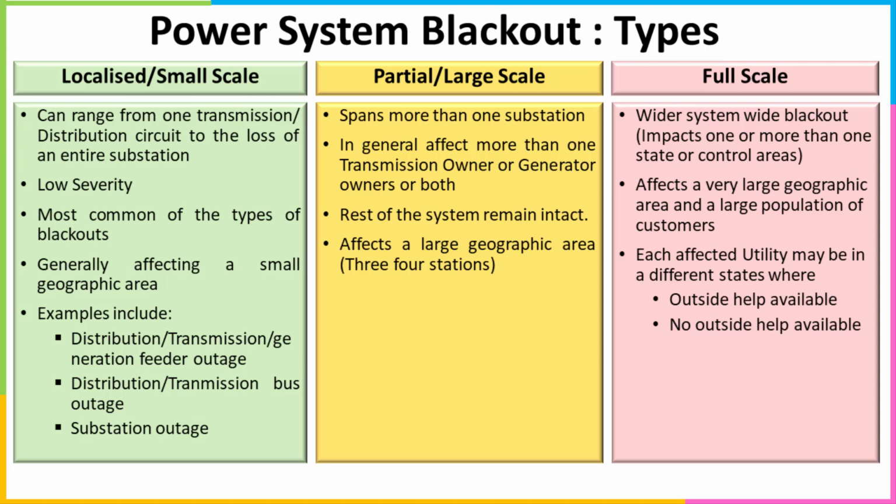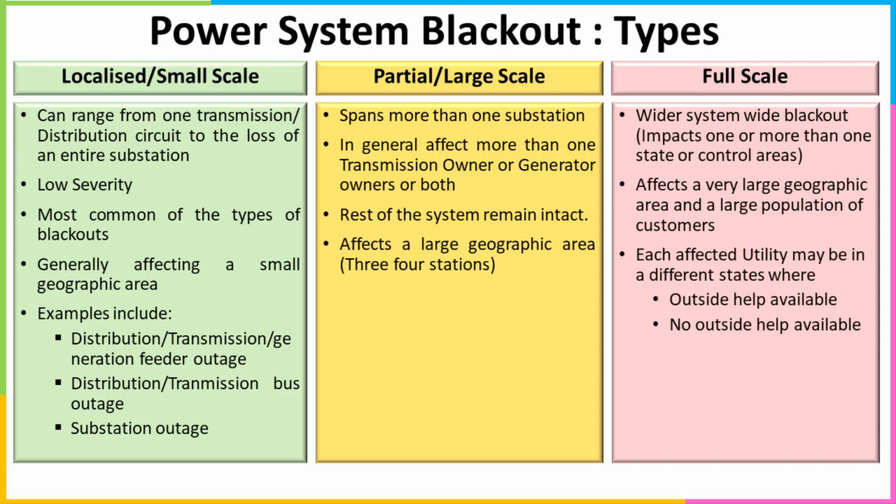Then the wider-scale blackout basically means that it has impacted more than one state or control area. So it is not limited to one substation. Again, the definition depends upon the size of the grid. Here we are talking about a larger-scale blackout, so its effect is very large in terms of geography, and a large population of customers is deprived of electricity due to this blackout.